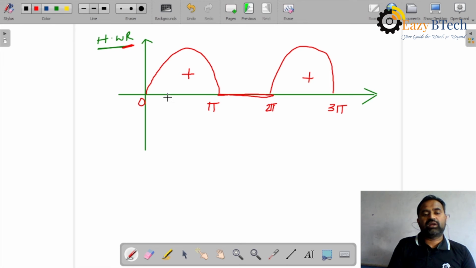Now what does the capacitor do? It is a peak amplitude.